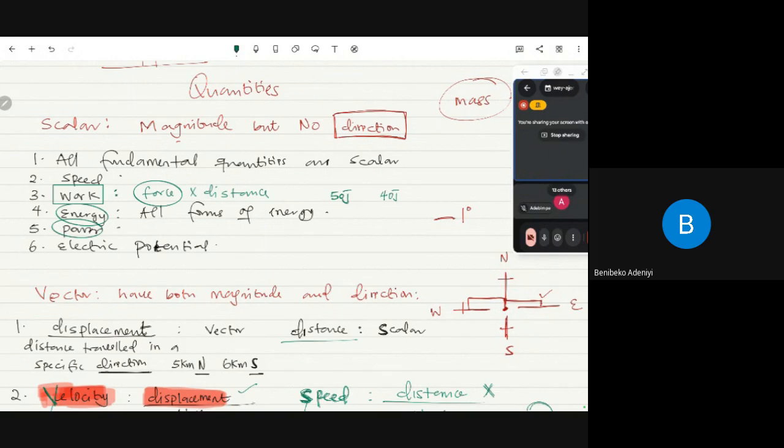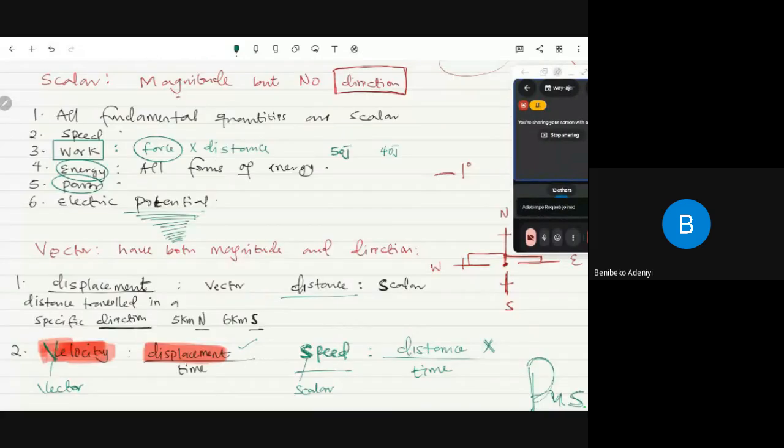It doesn't make sense to describe these three quantities with direction. That's why we classify them under scalar quantities, not vector quantities. Is that clear, guys? As well as electric potential.